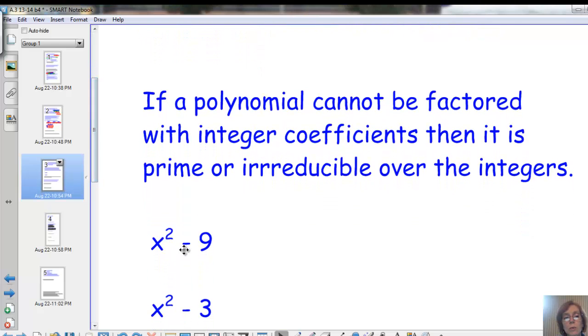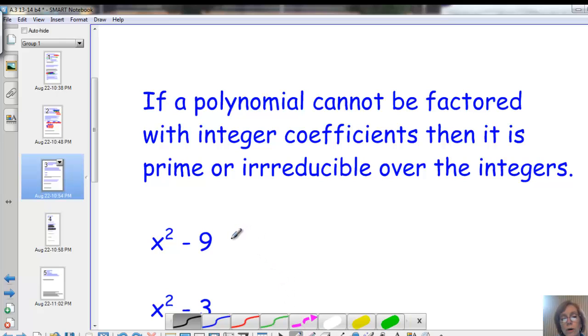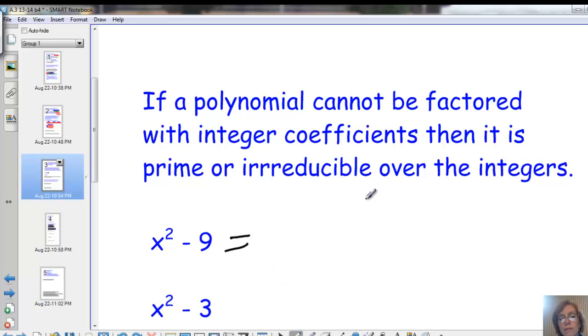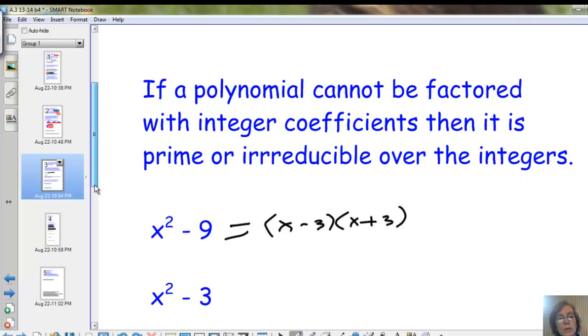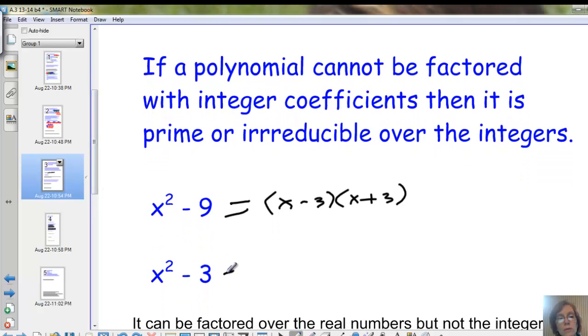If we have x squared minus 9, as you know from Algebra 1, that can be factored into x minus 3 times x plus 3. That's a difference of two perfect squares. X squared minus 3 can be factored also, but only if you step outside of the integers.